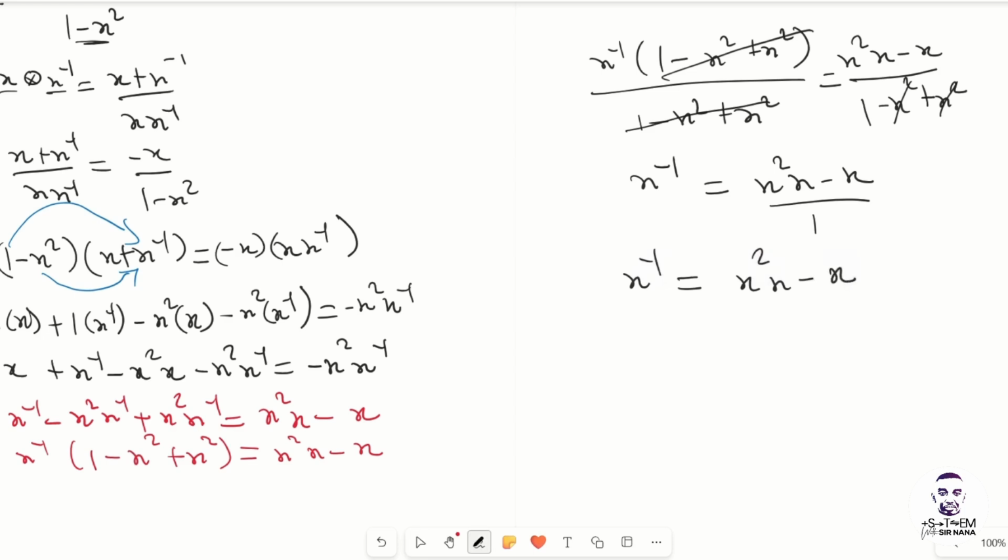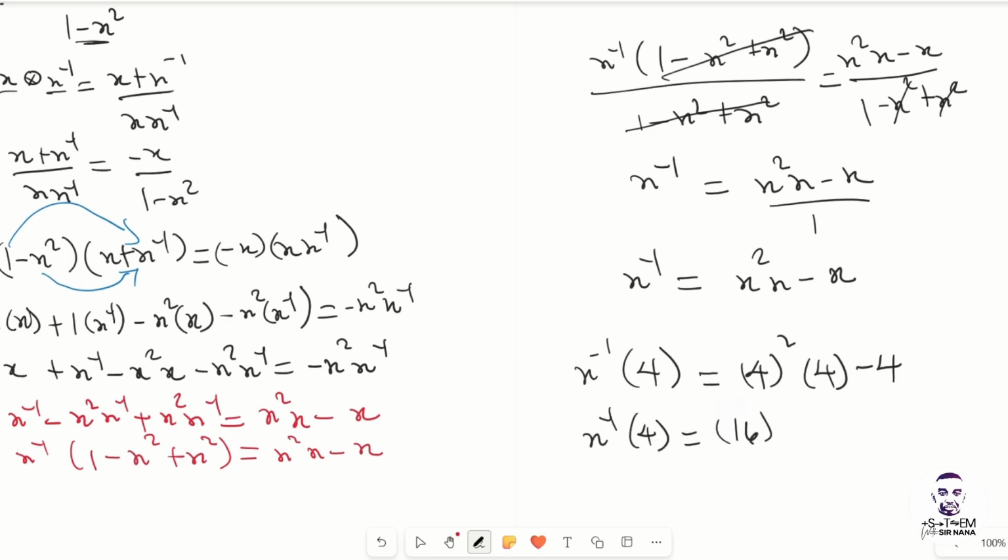So it means that if you want to find the inverse of 4, that will imply that we have 4 squared multiplied by 4 minus 4. So you are going to have the inverse of 4 to be equal to 16 multiplied by 4 minus 4.